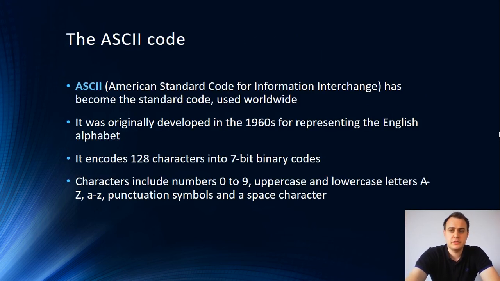Okay, so the first thing we're going to look at is ASCII code. This was created in the 1960s and it was used for representing the English alphabet. It's a 7-bit binary value, and the maximum 7-bit binary number you can have is 127. But by adding 0, 0, 0, 0, 0, 0, 0, you can have 128 different combinations of ones and zeros to represent the character.